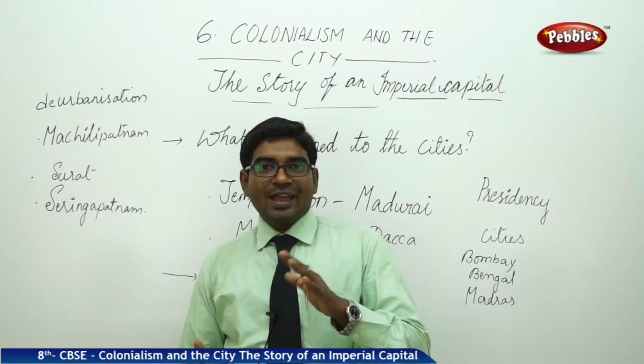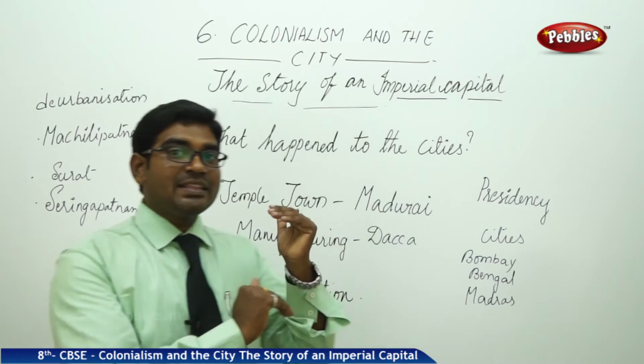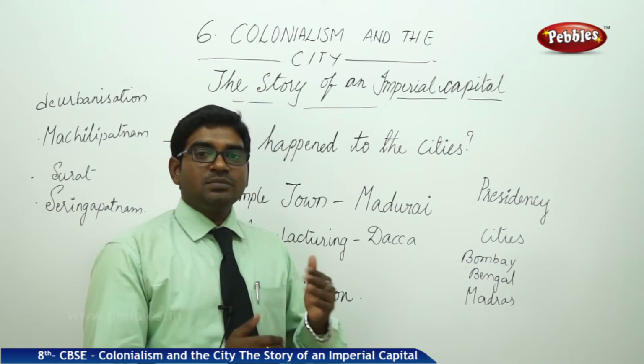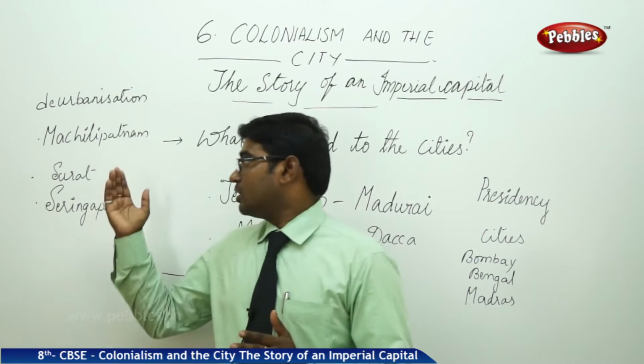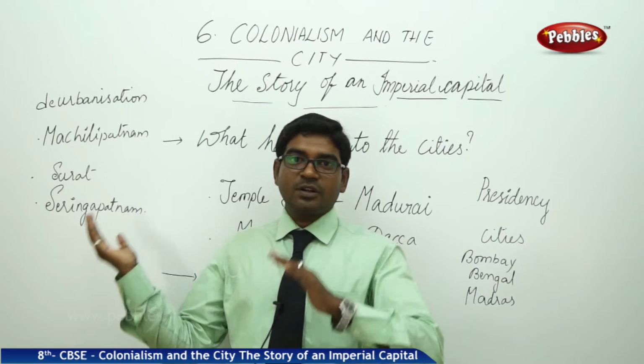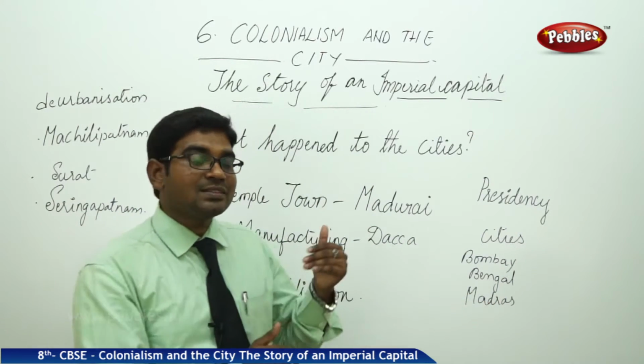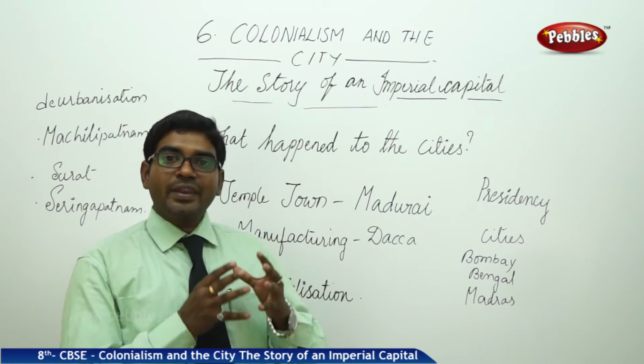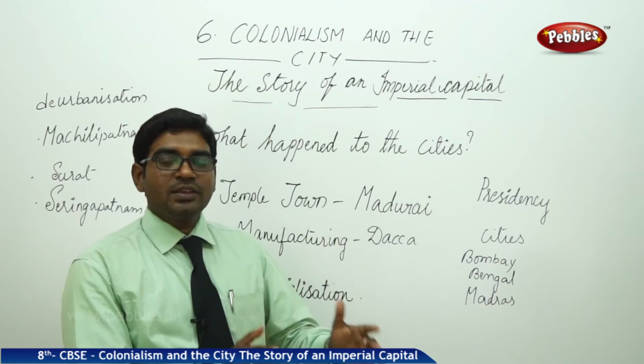But with the emergence of the new presidency cities, Bombay, Bengal and Madras, people started to shift from Machilipatnam, Surat and Seringapatnam towards these new cities, due to various reasons. One, to get convenient places.